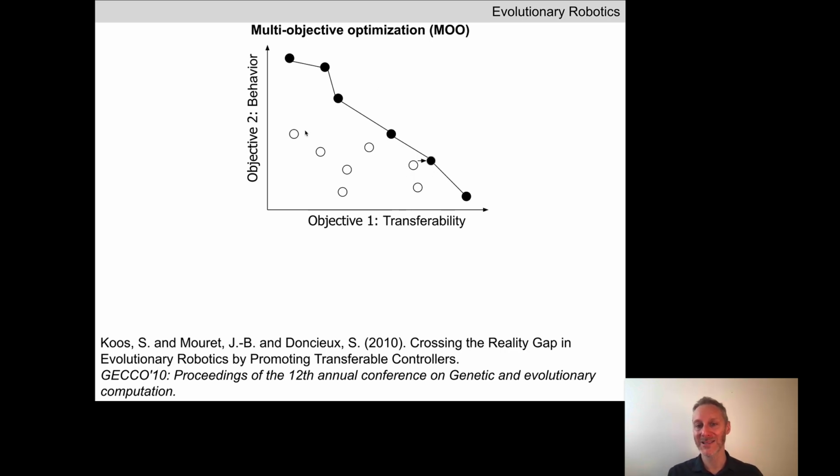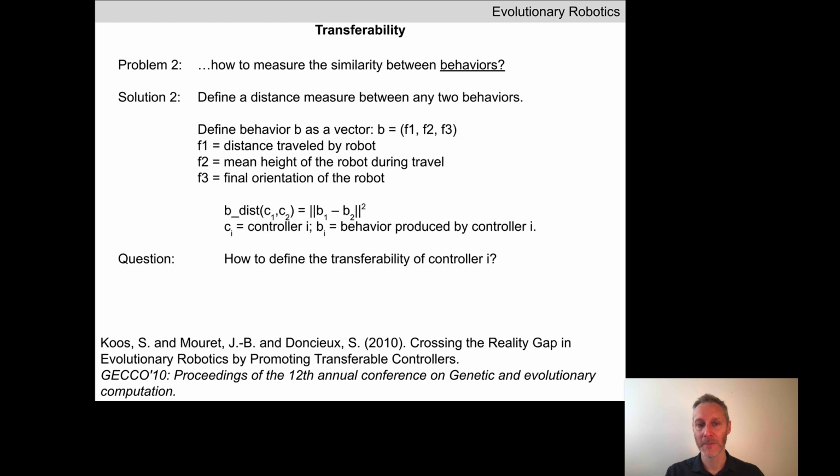We can make a better estimate of the transferability of the not yet transferred controllers. So you can think that once we send a C and bring it back from reality, the horizontal positions of all of the points here are going to shift a little bit. That might cause us to have to recalculate the Pareto front, continue evolution for a while, maximizing behavior and estimated transferability, pick another unique controller, send it to reality, and back and forth, like in the Evil Starfish project.